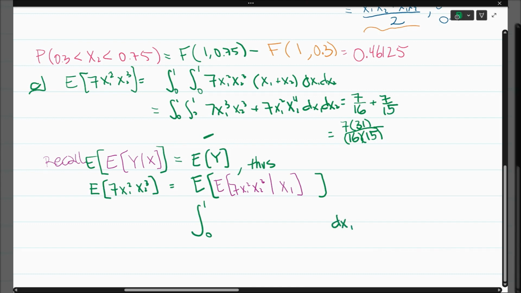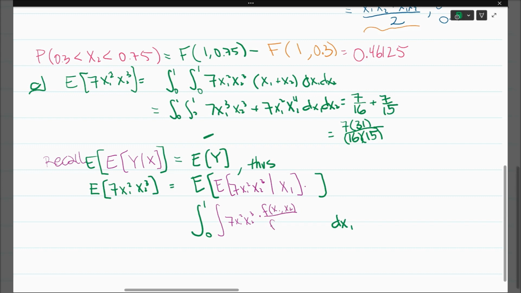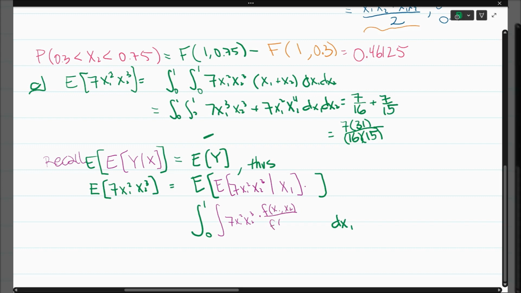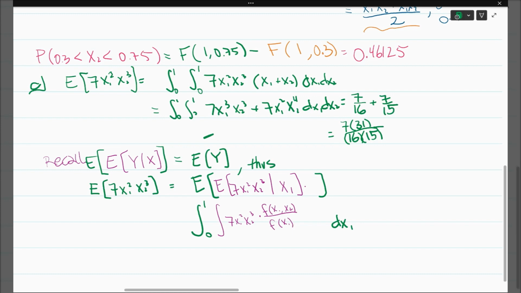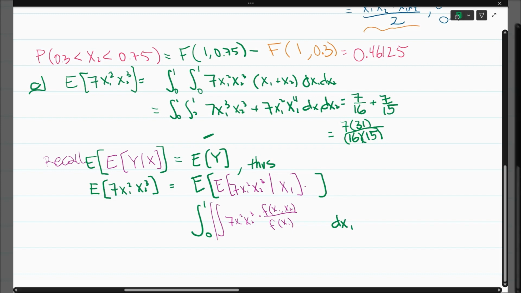Whereas the inner expectation would be the integral of 7x1 squared, x2 cubed times the joint over the x1 marginal. Okay, that's a conditional density that we're working with right there.